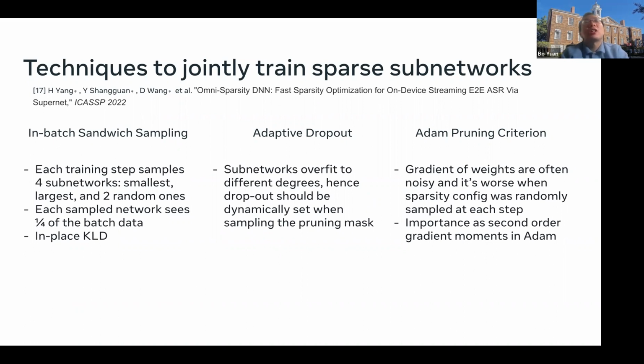And the second question is about the trade-off between the accuracy, like the WER, and the model size. In some of your slides, we can obtain a 5 times compression ratio with the penalty of about 0.4-0.5% WER increase.